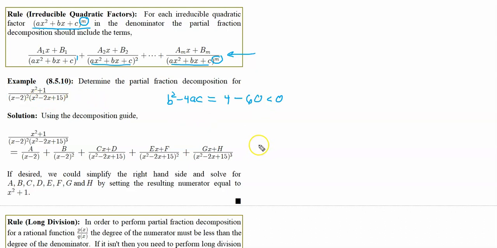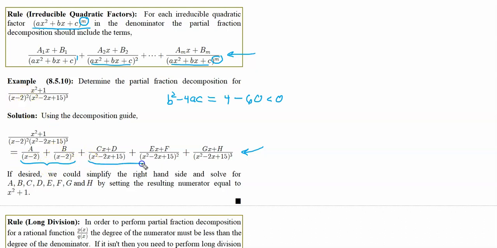Now in this case then, your partial fraction decomposition would look like this down here. So notice that we have a over x minus 2. That's coming from the linear term. Now we have x minus 2 squared, so we have to include another term, b over x minus 2 squared. So these two terms come from the x minus 2 squared.